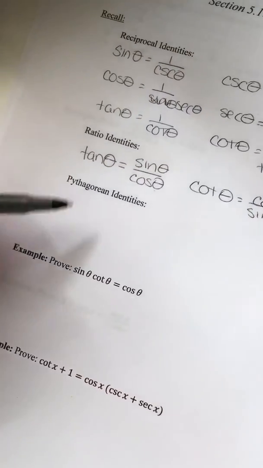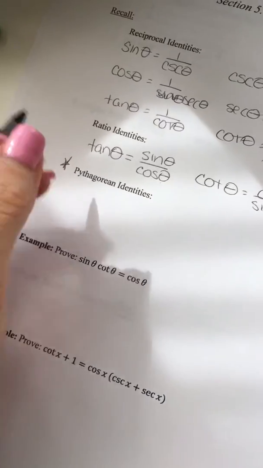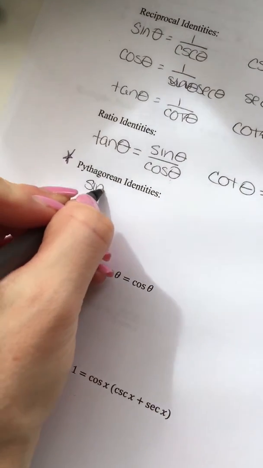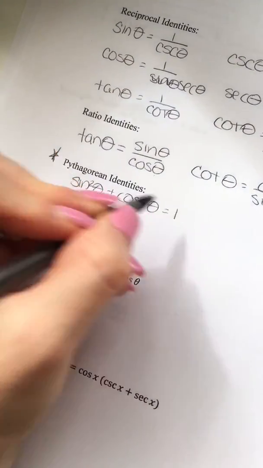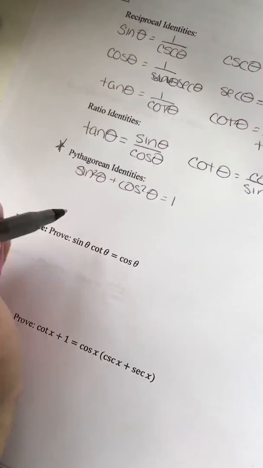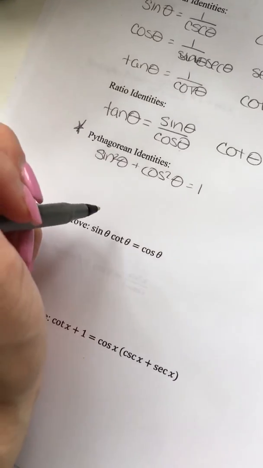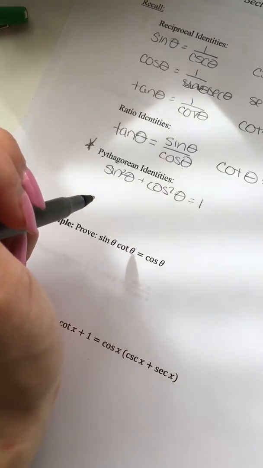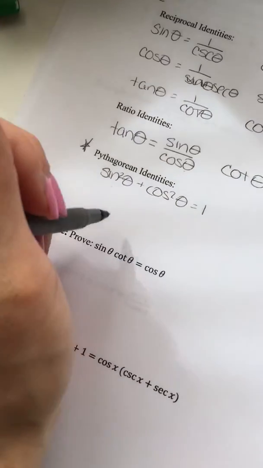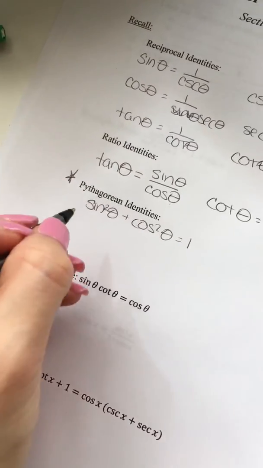All right, and then the last one, the Pythagorean identities, we get 3 of them. We get the big one, sine squared plus cosine squared is equal to 1. And then we get the other 2. We derived the other 2 way back in the beginning of the semester. So if you want to see how it's done again, go back in those notes. I believe it was unit 1. We get the other 2 by dividing by sine squared and cosine squared.